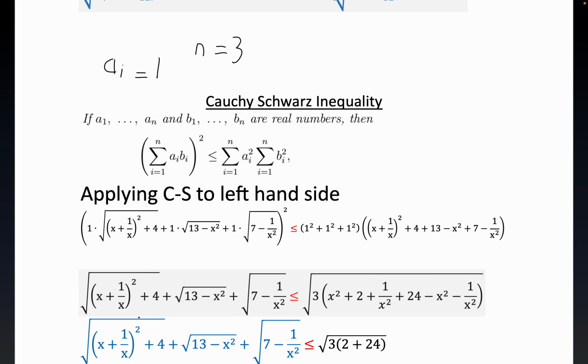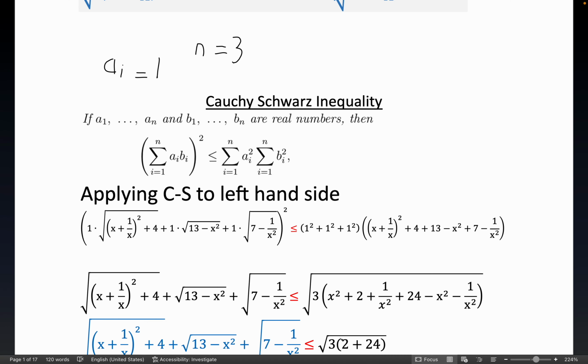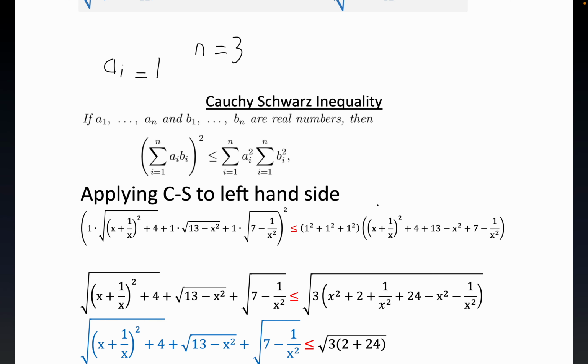Now, the first piece of algebra that really saves us here is when you expand this out, x plus 1 over x quantity squared, you get x squared plus 2 times x times 1 over x. But x times 1 over x is just 1, right? And then, of course, we have plus 1 over x squared.